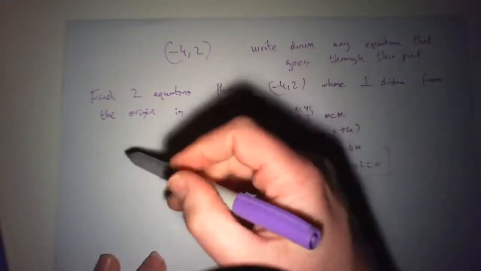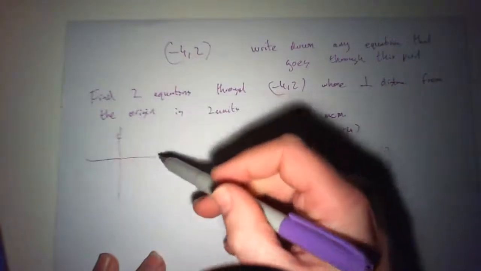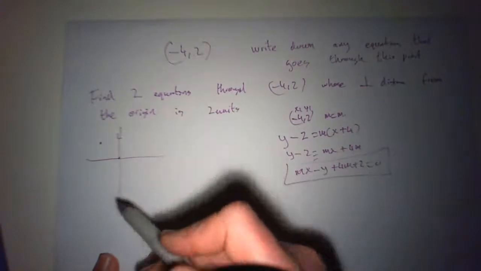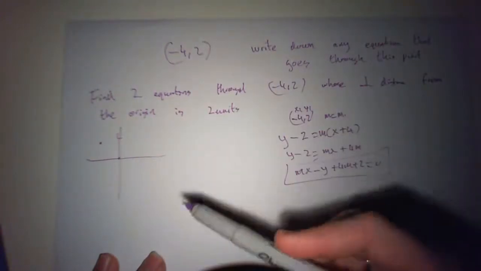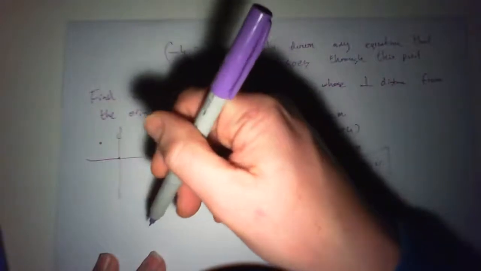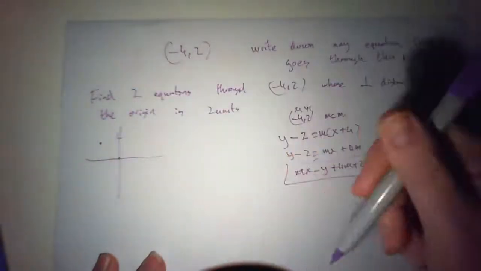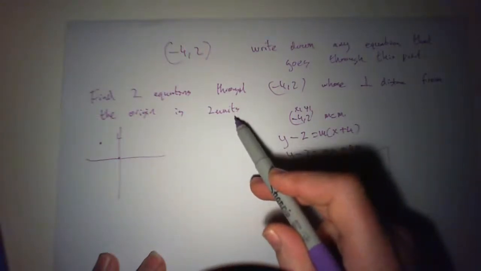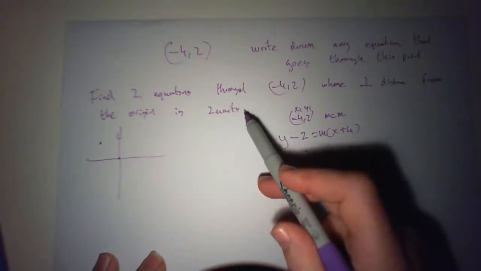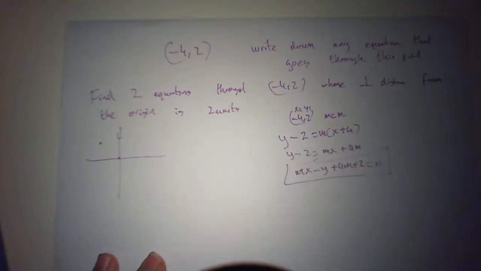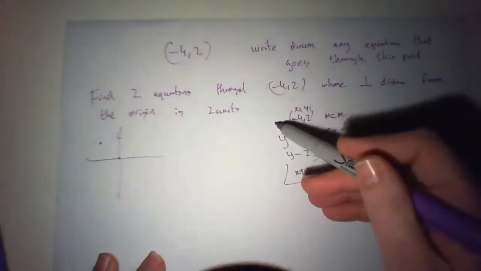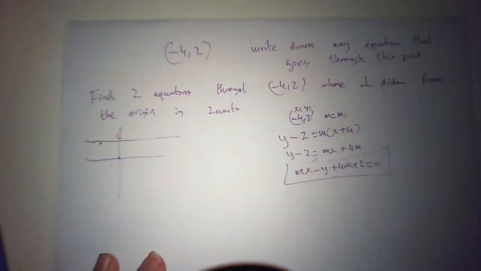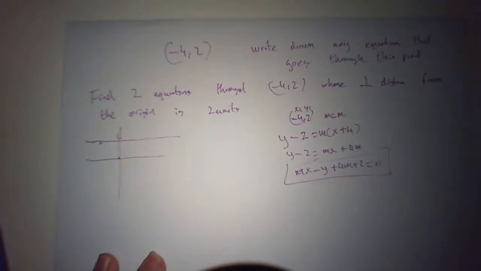So if you don't mind for a second, I'm just going to visualize this. Minus 4, 2 is around there, and there's the origin. So we want 2 lines that go through that point, and the perpendicular distance from those lines to the origin is 2. You could be looking at something going this way. One of them would definitely go this way. That's for sure.